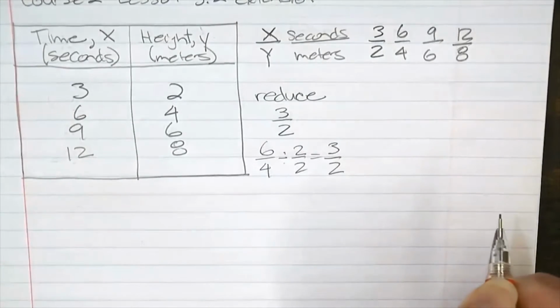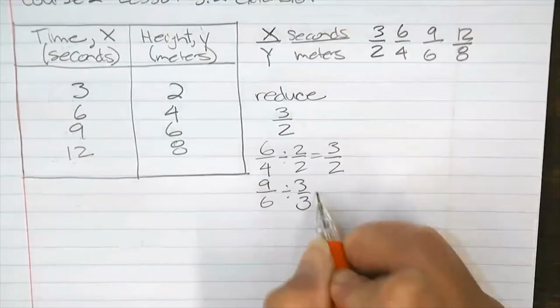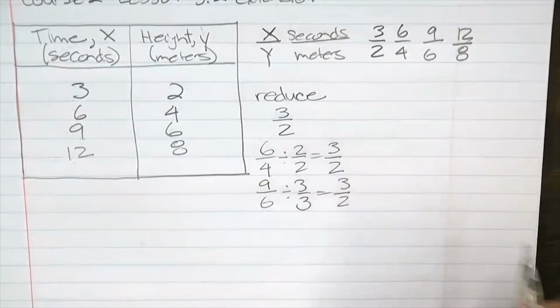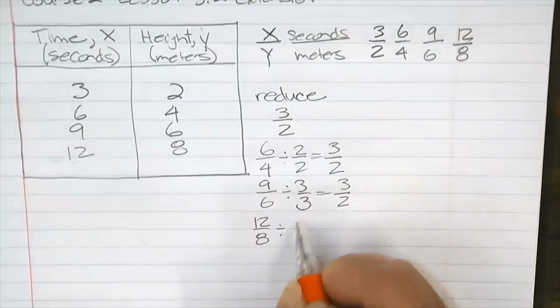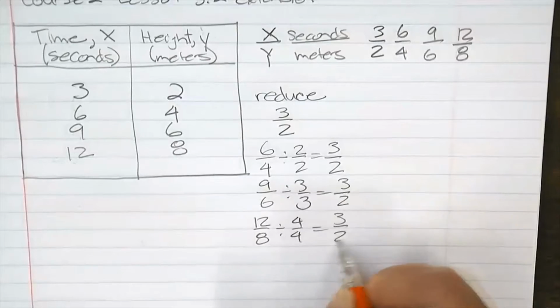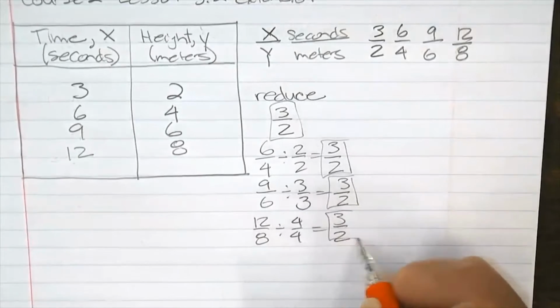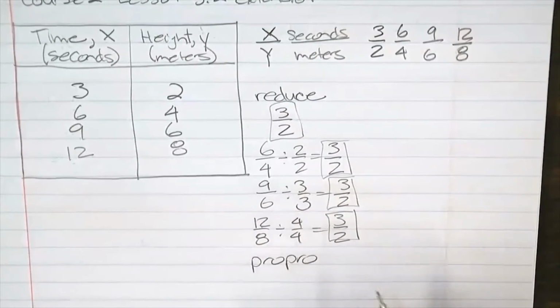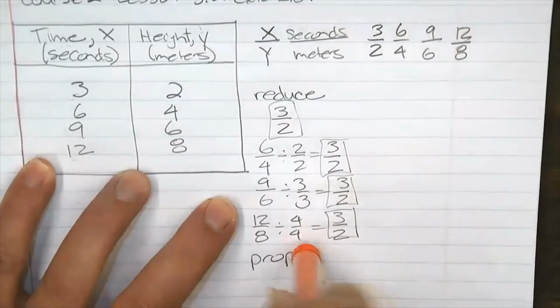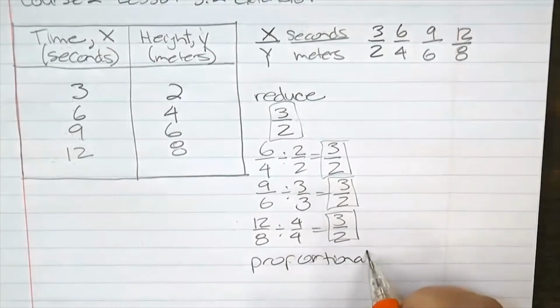Oh, to 3/2. 9 over 6 can be reduced. Look at that, to 3/2. And 12/8 can be reduced. Oh, all of my reduced fractions are 3/2. These are all equivalent fractions. They are proportional.